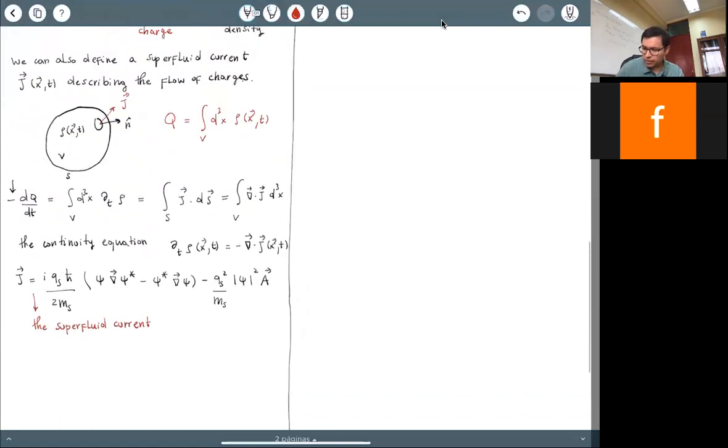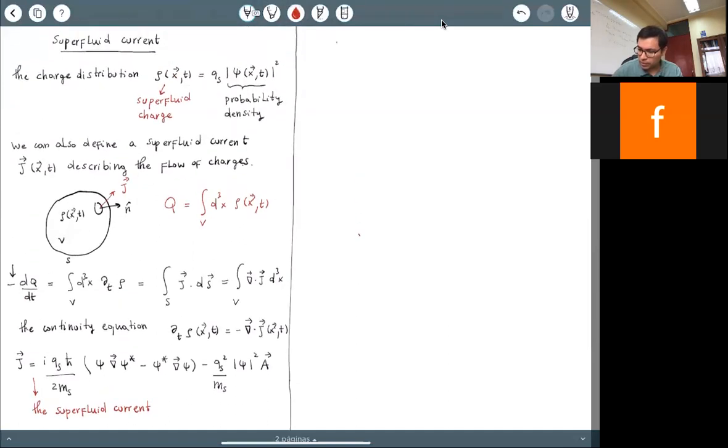And of course, if we have this superfluid current, which is a current density, imagine that now we have a wire here, a superconducting wire. So imagine that this is a wire, and then we have a surface here, and some normal vector to the surface, and then we have a superconducting current.